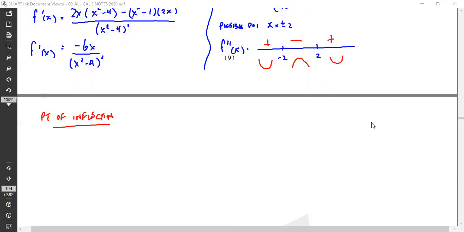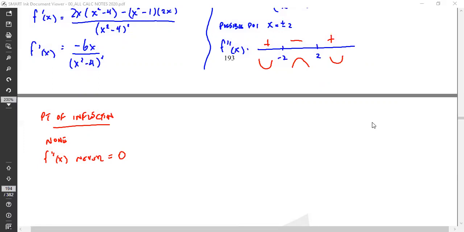That happens at -2 and it happens at +2, but we have to be careful in here because those are vertical asymptotes. Those are not defined in our function, and so we have no points of inflection because f little prime of x is never equal 0.